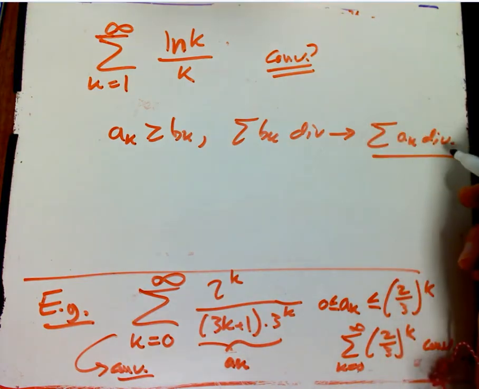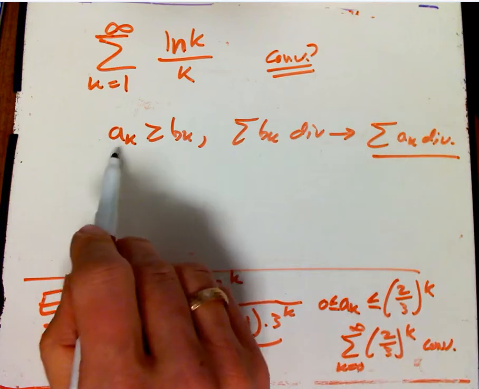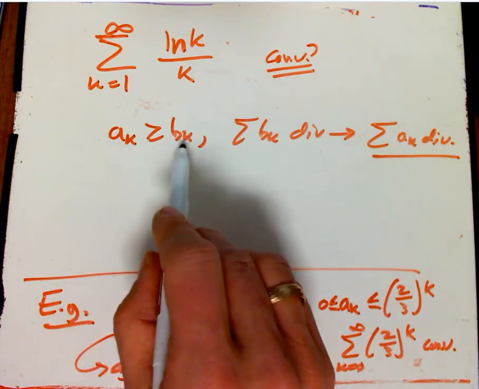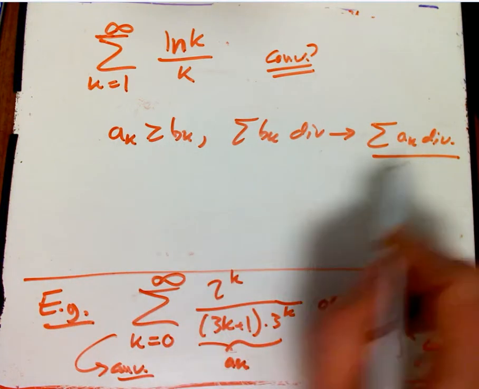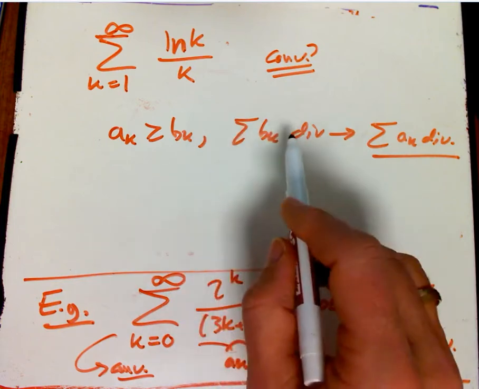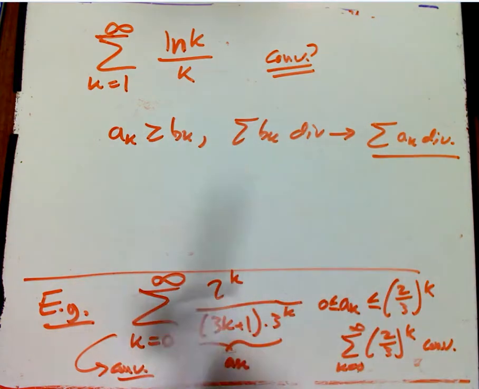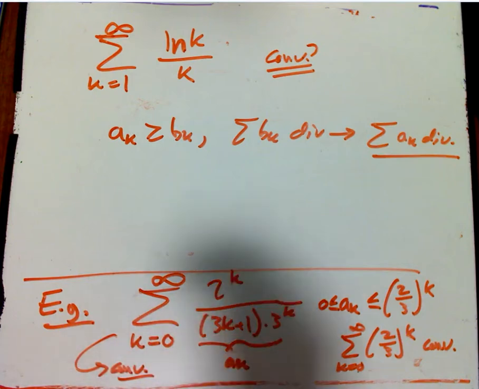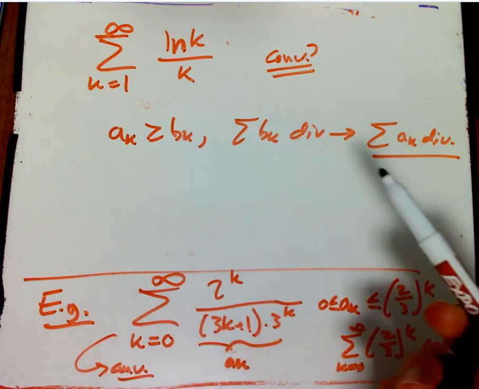Because if it converged, then we could just flip the roles and say, oh, the b sub k's are smaller, and if a sub k is good when you sum them, then the b sub k should have been good. But we know the b sub k's are bad. So it's just what's called the contrapositive of the original statement. So better than good is good, and worse than bad is bad.